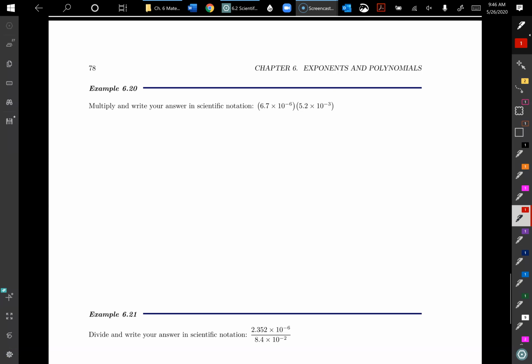Okay, so now we just have 2 more problems. Page 78, example 6.20 and 6.21. I think you have enough skills here to do this one on your own as a classwork. But I will tell you that we need to make an adjustment at the end. It's going to get into a format that looks like scientific notation, but your answer will not have the A value, or number, in the right range that we're looking for.